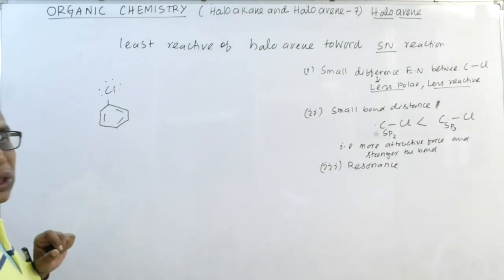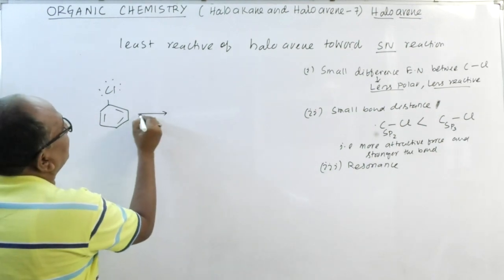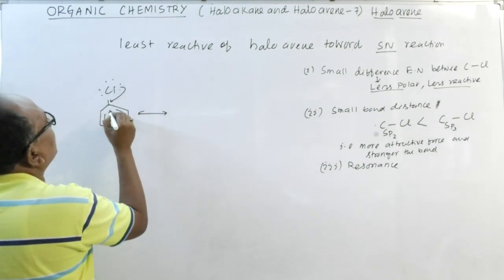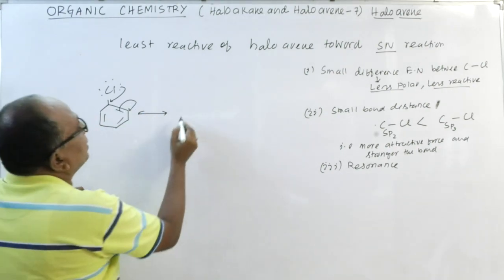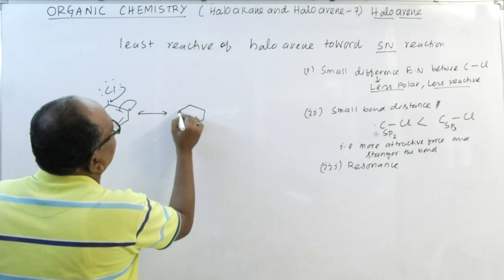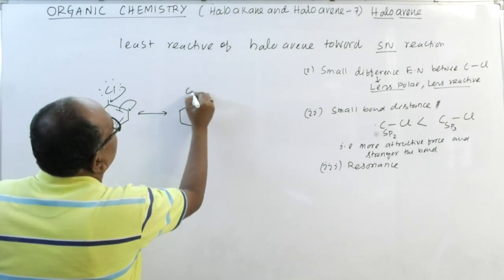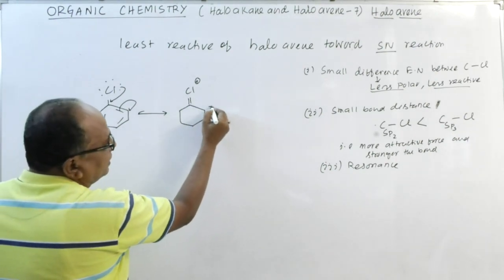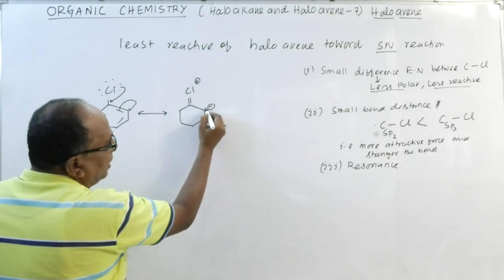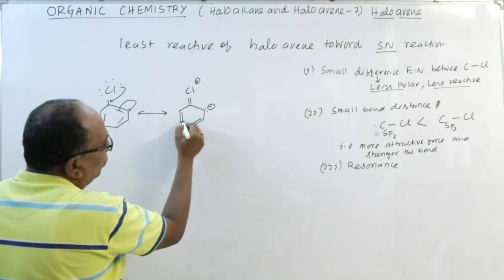You can draw the resonance structure. In another resonance structure, this bond comes to here as a double bond, and this carbon becomes negatively charged, so this becomes a double bond with Cl plus, because the pair of electrons used for the bond comes from chlorine, and this carbon gets the negative charge.